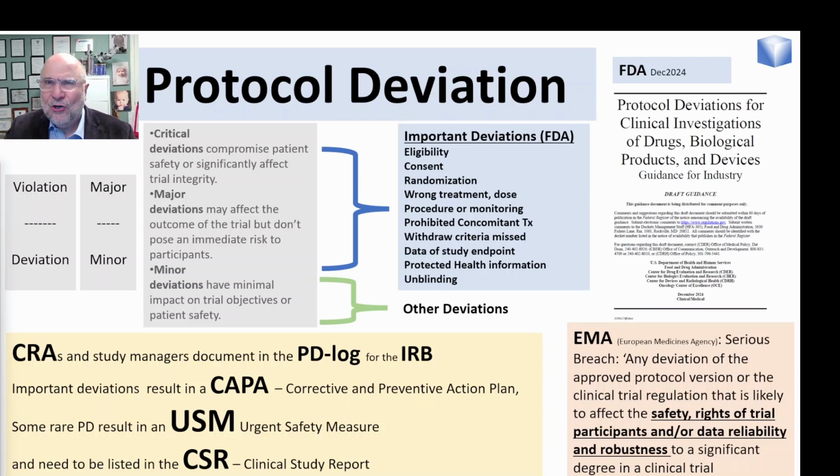Now, let's learn a few more abbreviations. This is all very important for our CRAs, our clinical research associates, and the study managers at the site. They document PDs, protocol deviations, in the PD log, a document that exists typically with the sponsor and with the site. Sometimes it is in the binder of the patient.